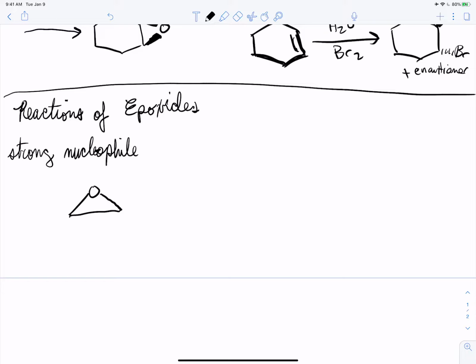And I react it with a very strong nucleophile. What do I get out of this? I just get a simple SN2 reaction.